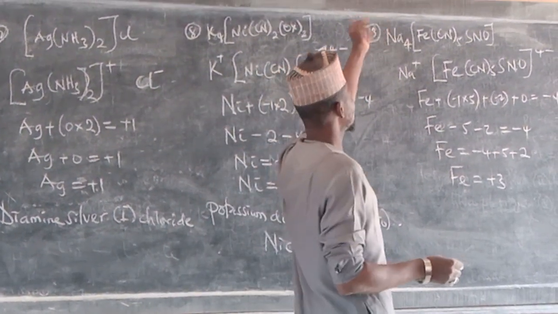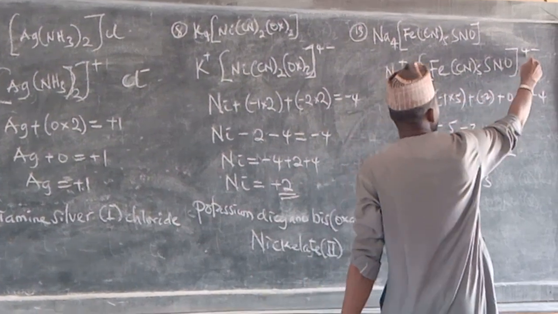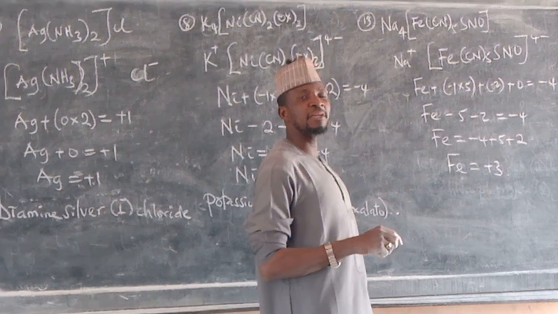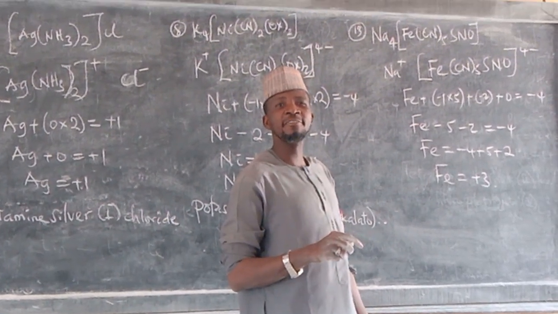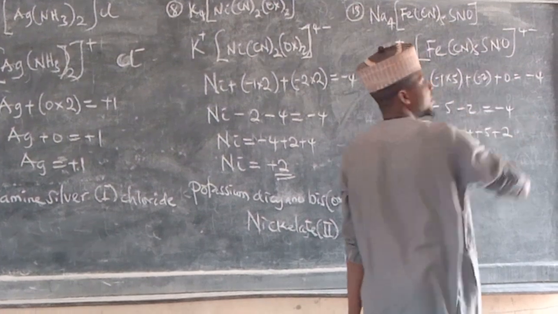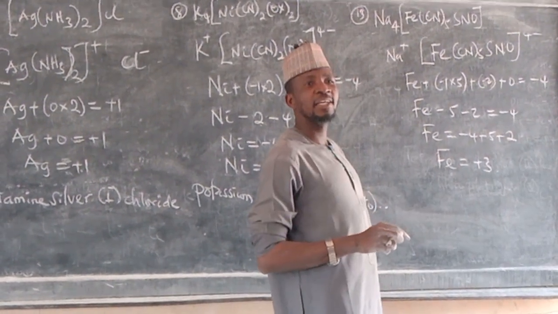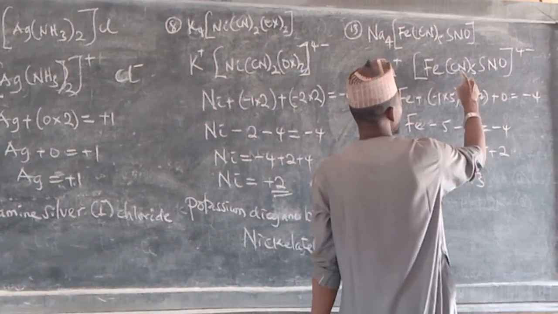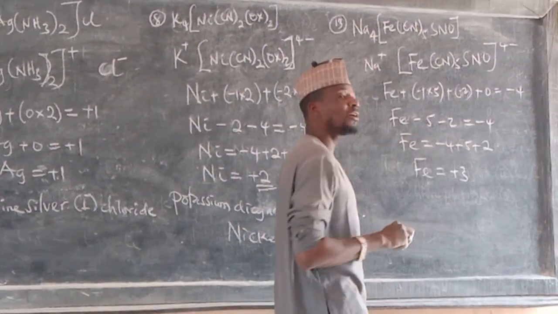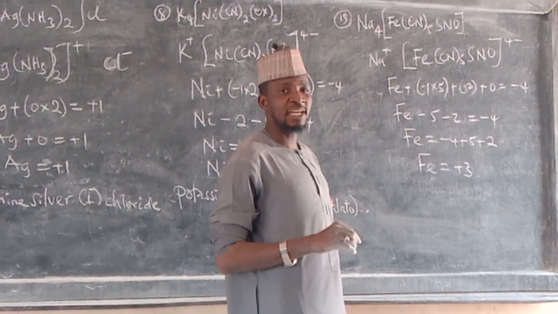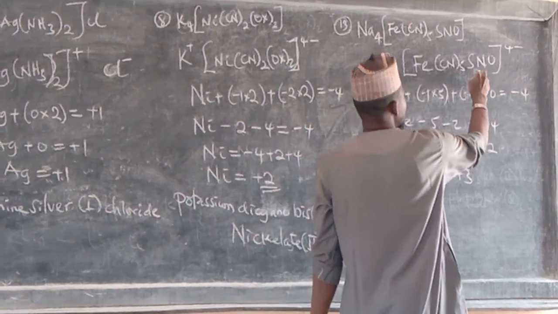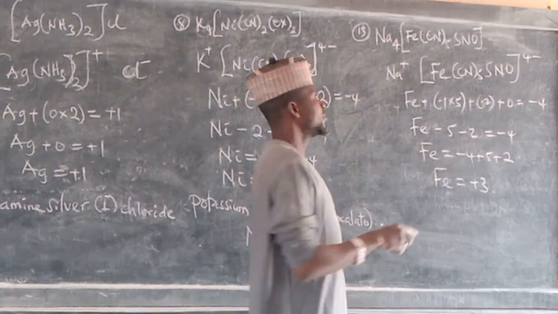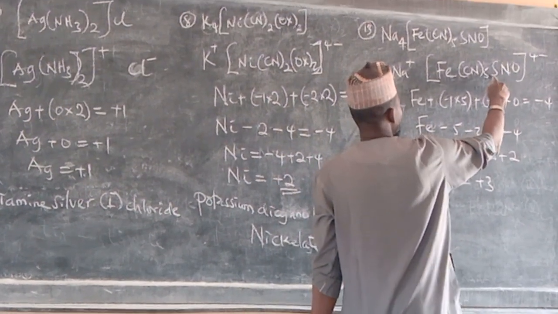Now we can name this. This one, the coordination sphere is negative. Iron is not going to be named iron, it is going to be ferrate, because the coordination sphere is negative. Are we together? How many ligands do we have here? 1, 2, 3, and all of them are examples of monodentate. This is cyano, sulfido, nitrosyl.